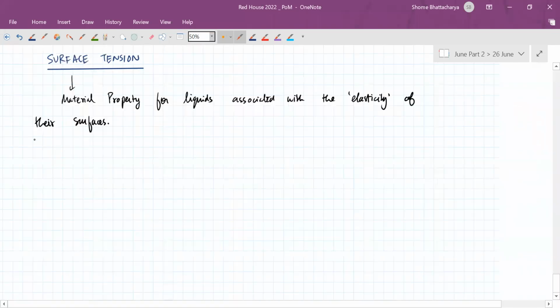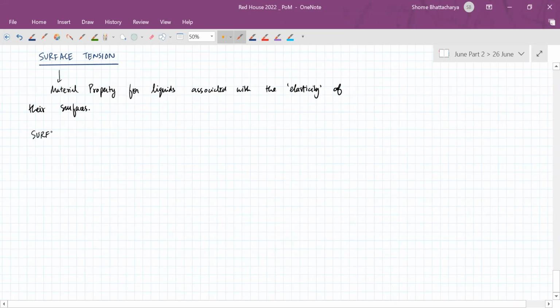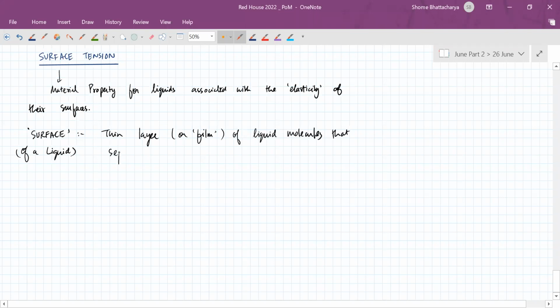So first of all, let's start by defining what is the surface of a liquid. So surface of a liquid is defined as a thin layer of liquid molecules, or you can visualize it like a film, thin film of liquid molecules that separates the body of the liquid from its surrounding environment.